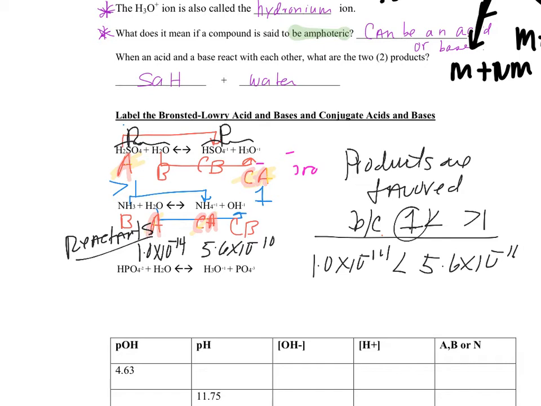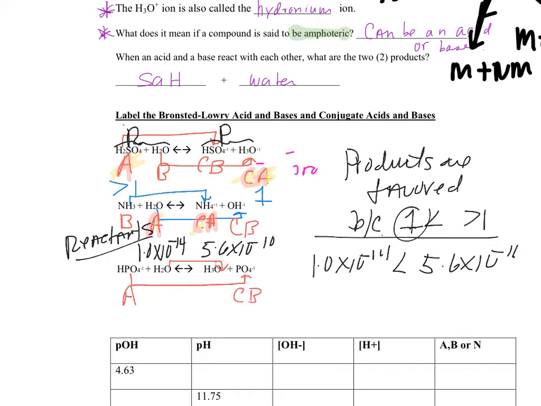Finally, I'm going to join this last one, HPO4 2- with PO4 3-, and water with hydronium ion. We can see that HPO4 2- lost a hydrogen, or donated a hydrogen, to become the phosphate ion PO4 3-. Therefore, this is the acid and this is the conjugate base.